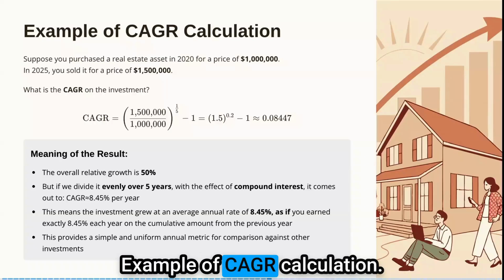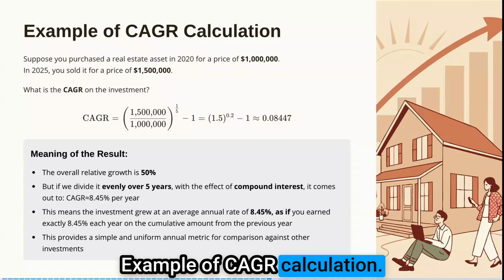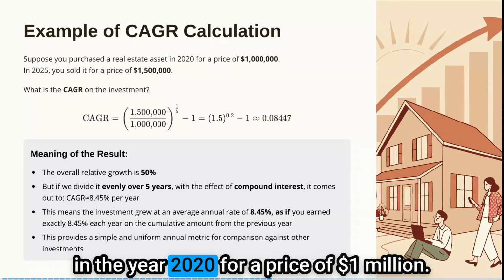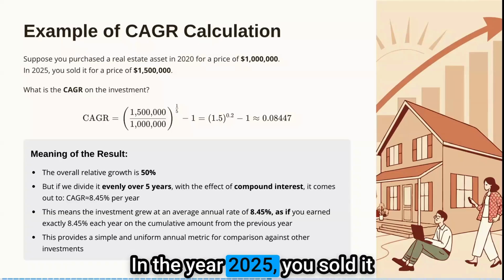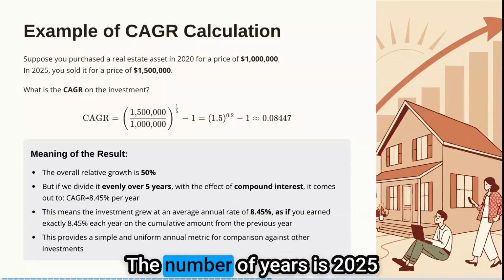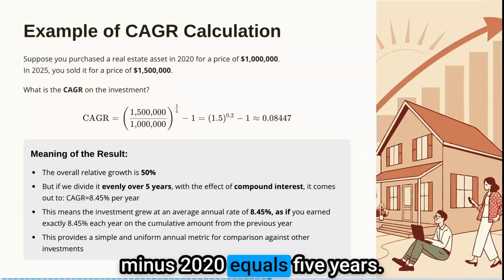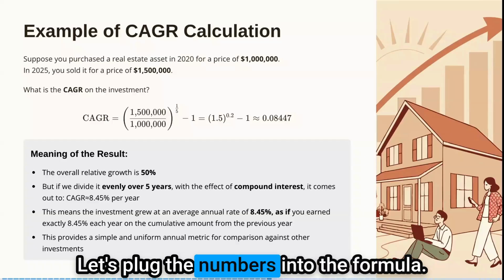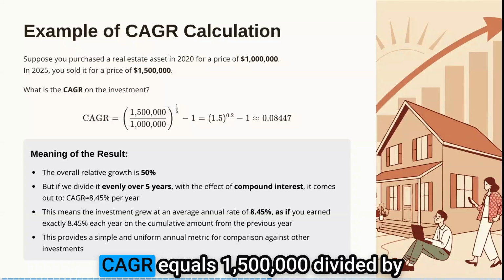Example of CAGR calculation. Suppose you purchased a real estate asset in the year 2020 for a price of $1 million. In the year 2025, you sold it for a price of $1.5 million. The number of years is 2025 minus 2020 equals 5 years. What is the CAGR on this investment? Let's plug the numbers into the formula.